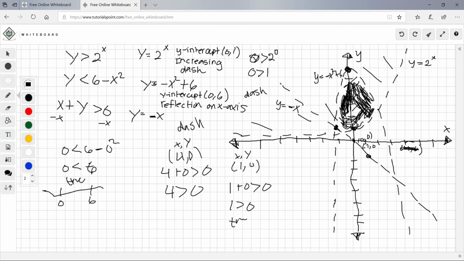So this is how it's going to look. Okay, that wraps it up for this section.